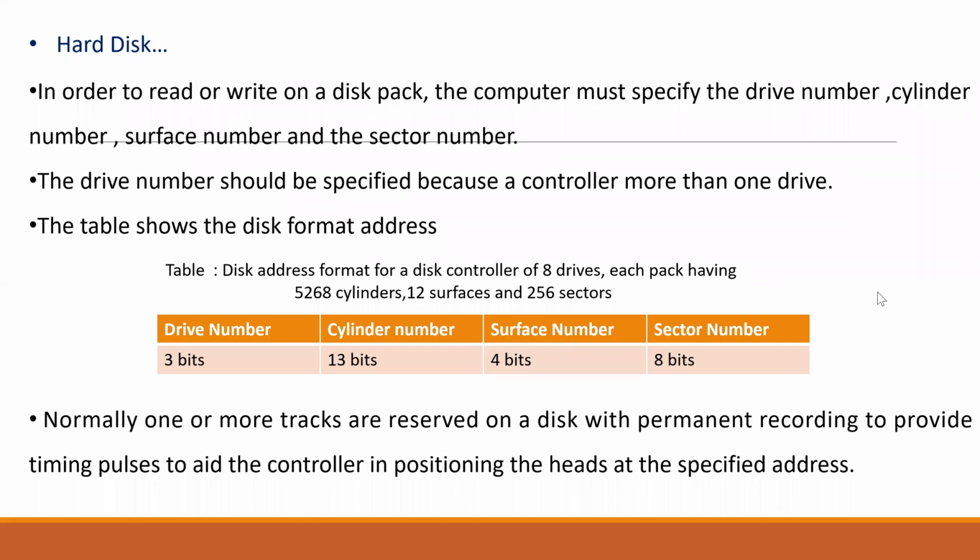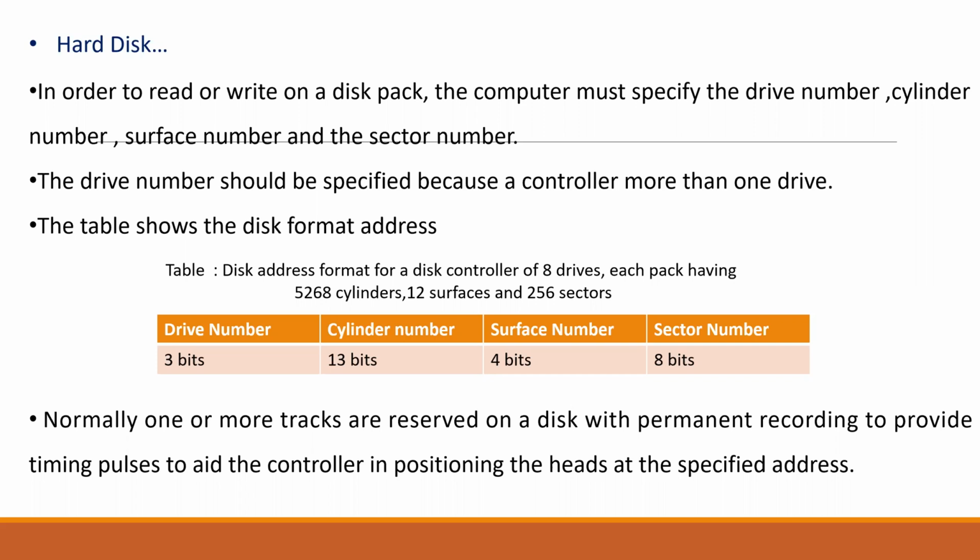So this is the format. The drive number has 3 bits, meaning whatever the drive is, A, B, C, D, using 3 bits you can indicate the drive number. The cylinder number has 13 bits.